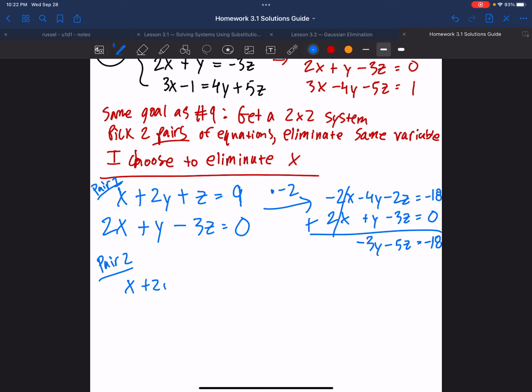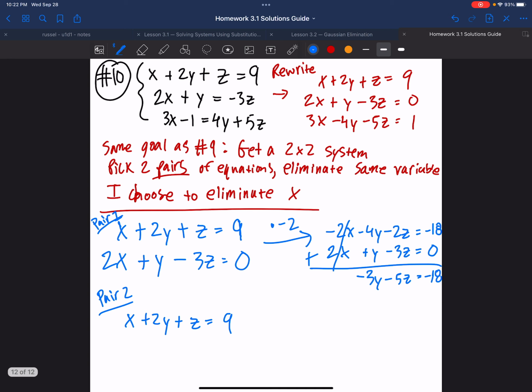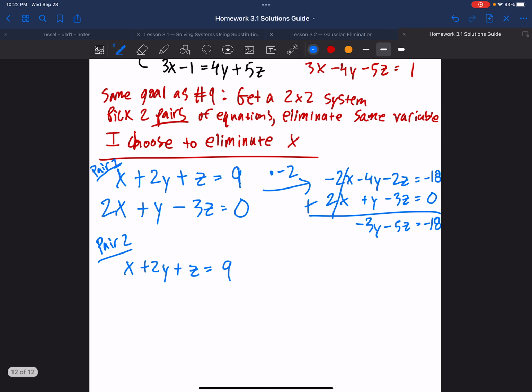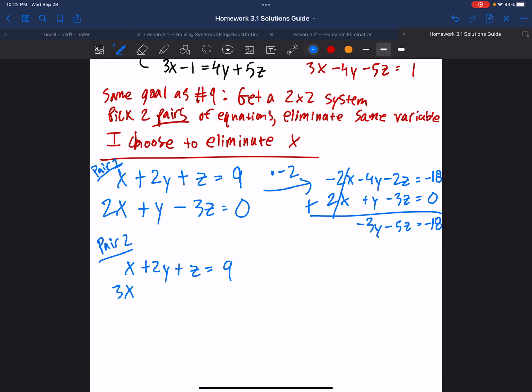x plus 2y plus z equals 9. And I'm going to use equation 3. So notice what I'm doing. I'm using equation 1 again, but now I'm using equation 3, and I'm going to eliminate x by multiplying by negative 3. So copy this: 3x minus 4y minus 5z equals 1. Let's multiply on top by negative 3.